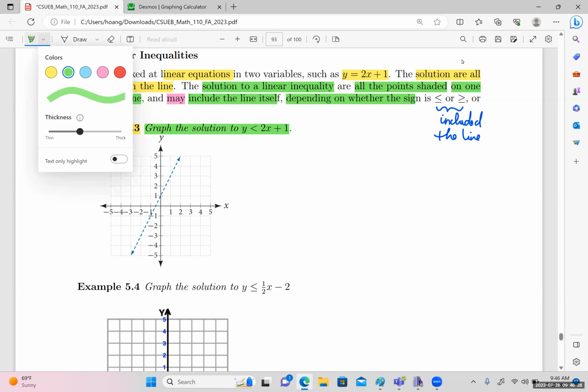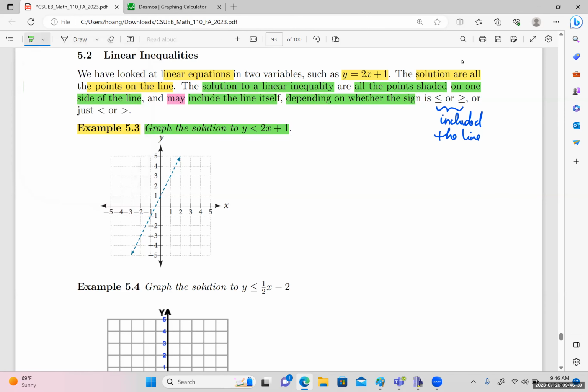So we will have to graph the line y equal to 2x plus 1 as a dashed line.